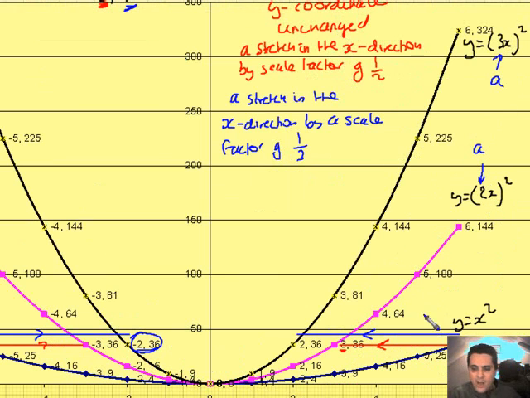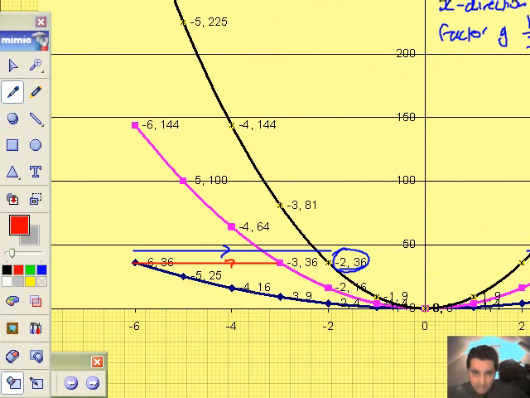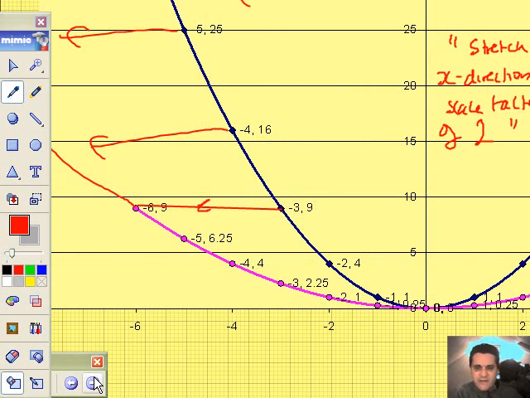If they're whole number values which are not fractions, then it's going to squish the graph towards the y-axis, squashing it in the x direction, and that causes the branches of the graph to come nearer the y-axis.